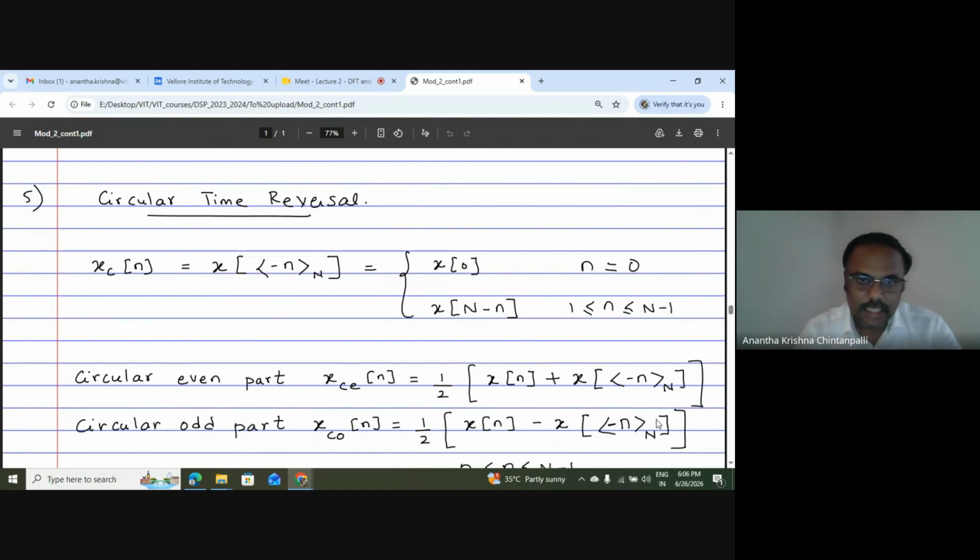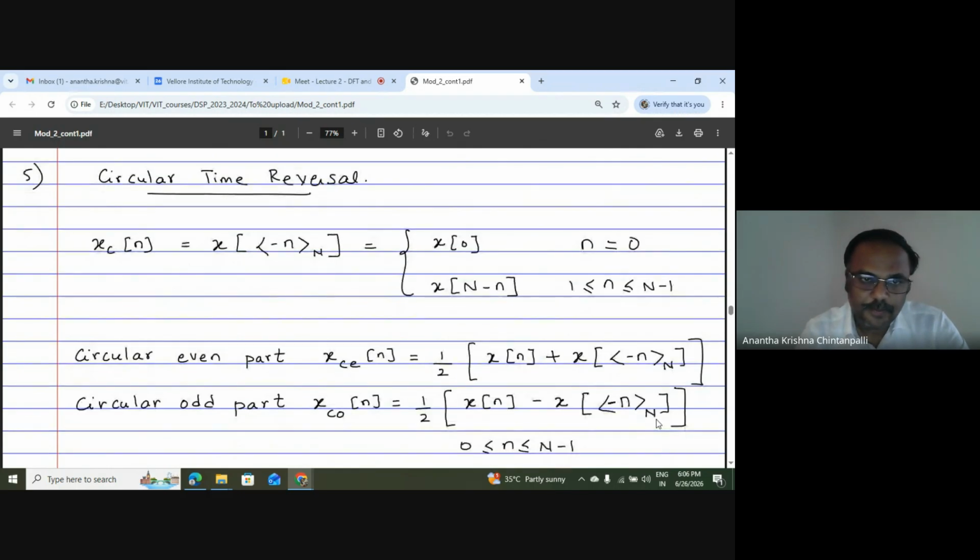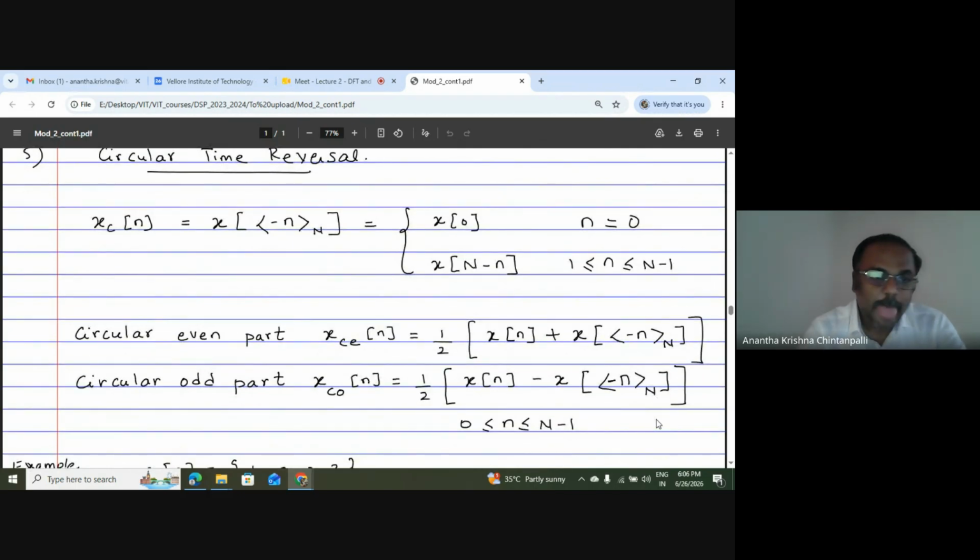Now in this case, the modulo with respect to N is there. So x c of n is nothing but x of minus n modulo N. At n is equal to 0, x of 0 would be there, the value would be the same. But from n is equal to 1 to N minus 1, the values will be flipped. So that is a circular time reversal.